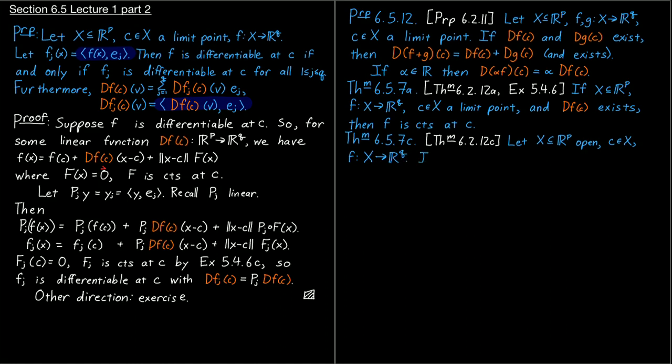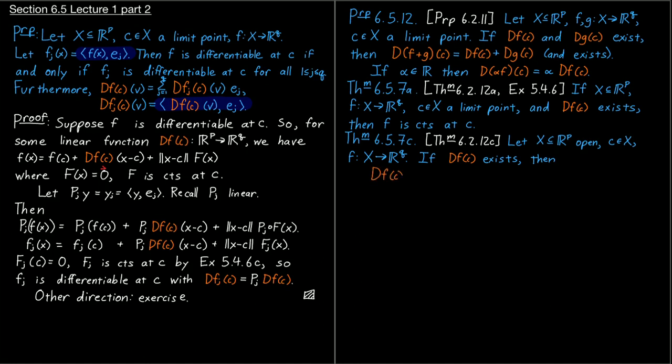And then if f is differentiable at c, then, well, I suppose you have to use part b to get that all the partial derivatives of all the components exist. But once you do that, you can write out a formula for df of c.